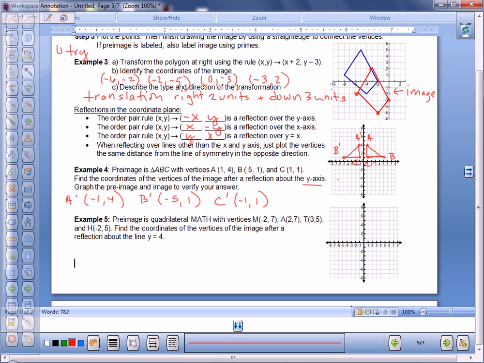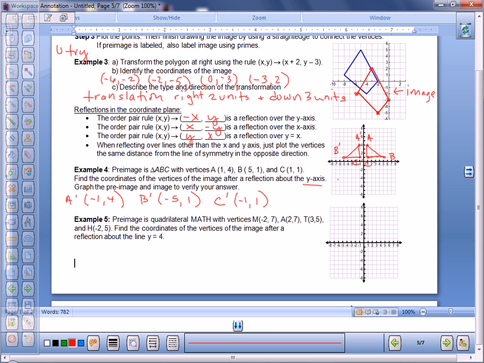We could have a mixture, some positive and some negative, but they all switch to the opposite. So that's what happens when we reflect it over the y-axis. Does it look like if I folded this down the y-axis, the two triangles fall on top of each other? Perfect.